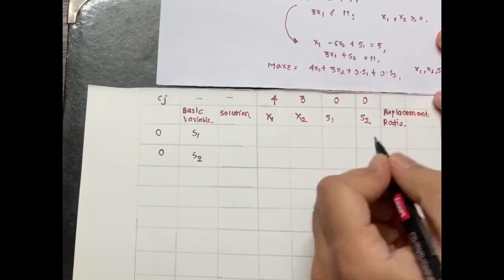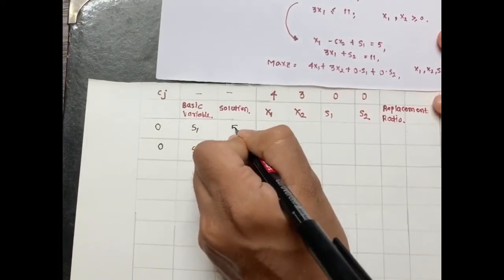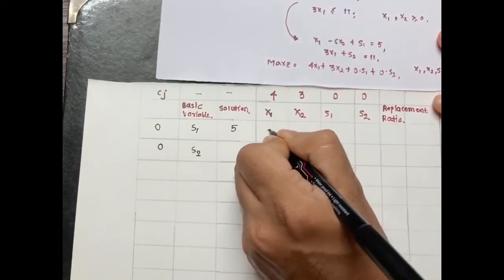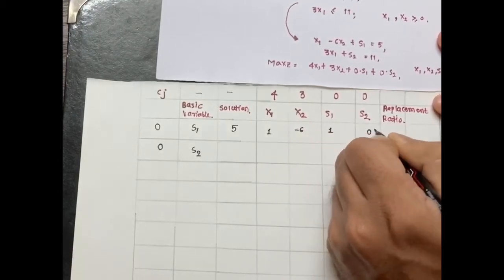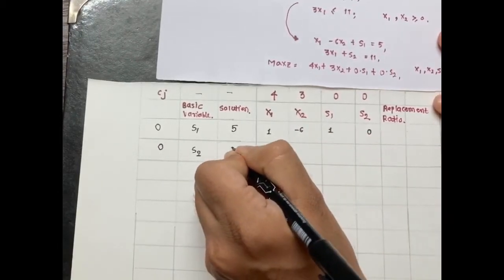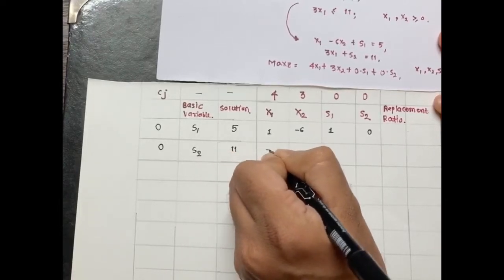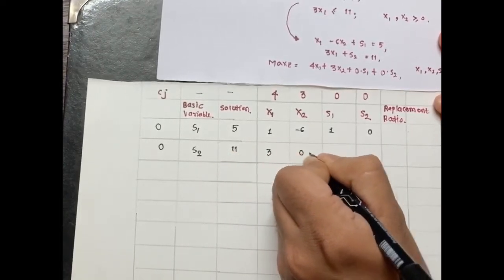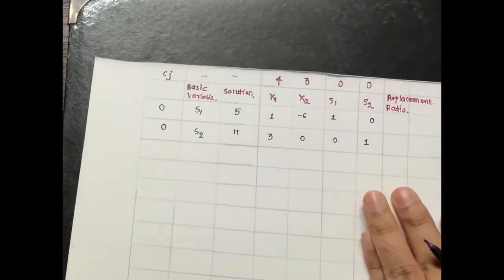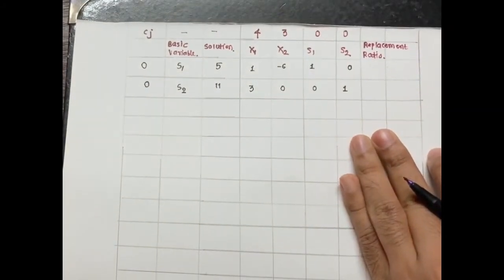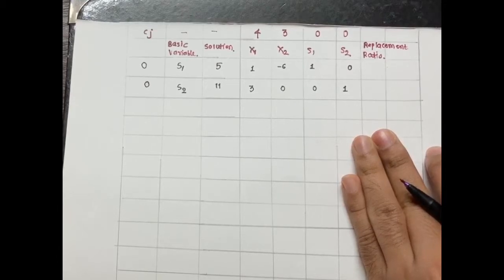My first equation will be 5, 1, minus 6, 1 and 0. Here it will be 11, 3, 0, 0 and 1. So my initial table is ready.